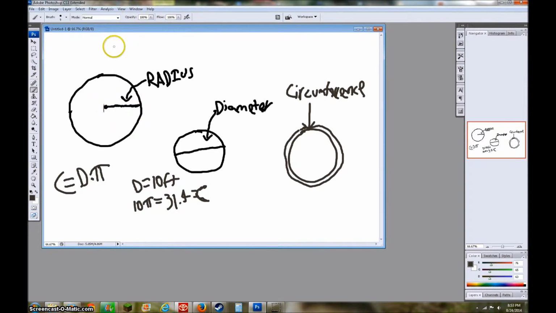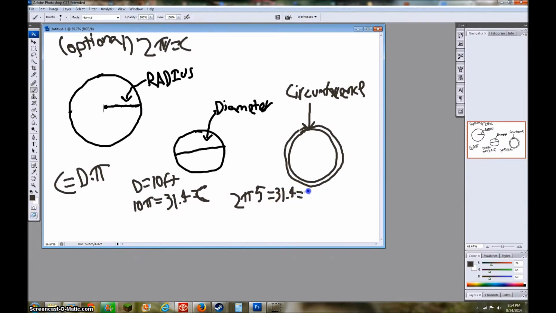There's one optional way to do it. The radius will be 5. The optional way is 2 pi r for the circumference, so 2 times 5 times pi would be our circumference.